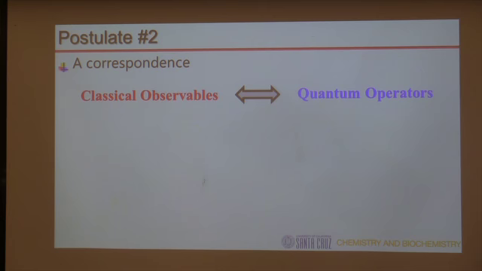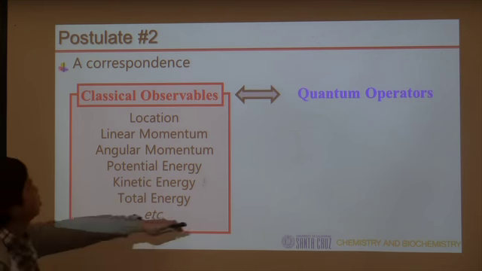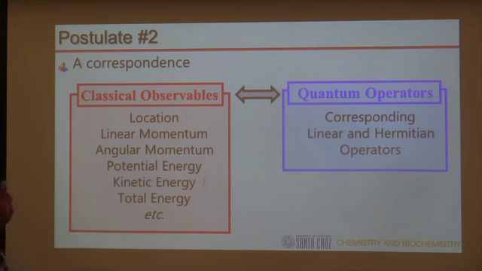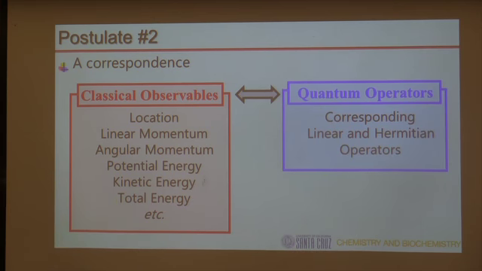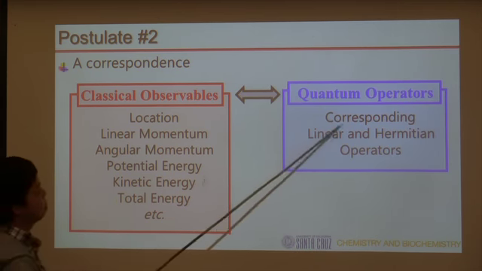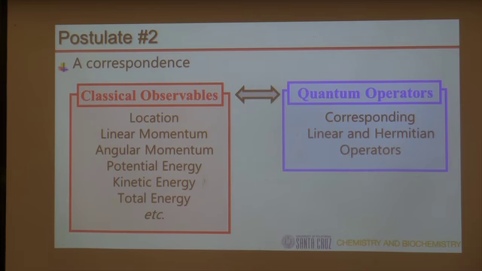Those classical observables are something you learn in physics, like location, linear momentum, angular momentum, kinetic energy, total energy, all those physical properties of a system. And they correspond to certain quantum operators. The operators are always linear and Hermitian operators. We already talked about linear operators, but later we'll talk about what a Hermitian operator is.